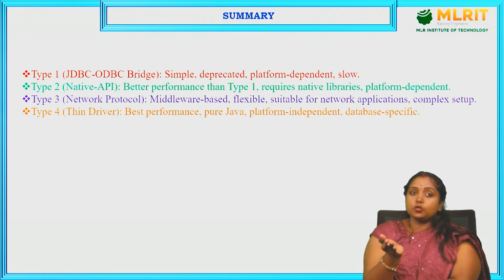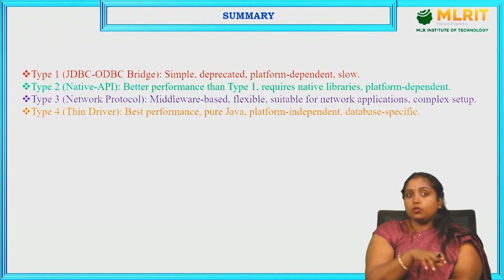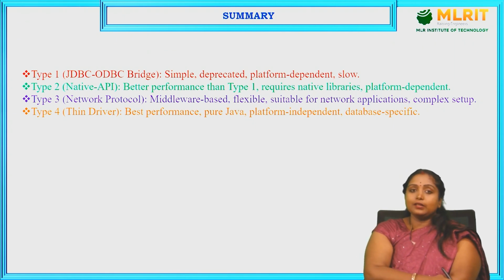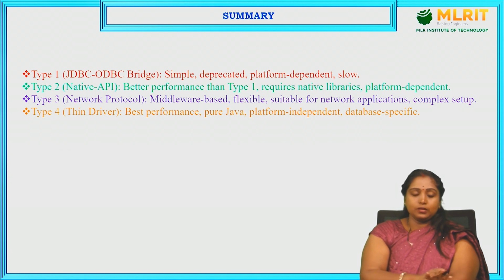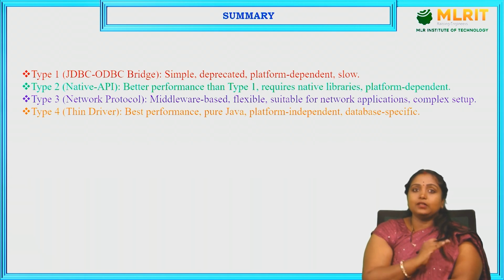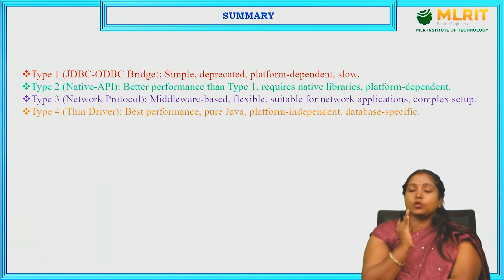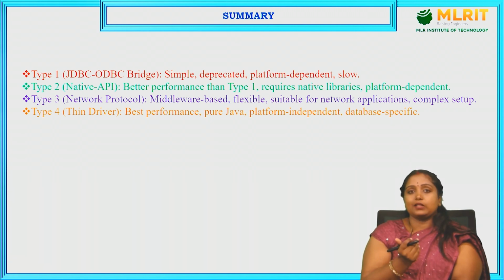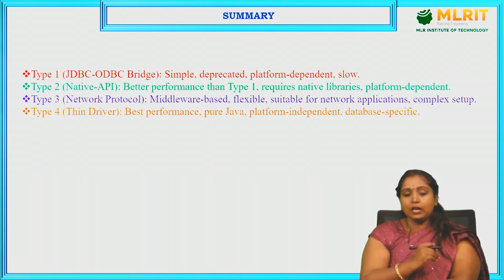In order to use thin drivers, you have to install the database specific drivers on your client system. Those were the 4 types of drivers. We have seen the advantages and disadvantages of the drivers in this session. Thank you everyone.